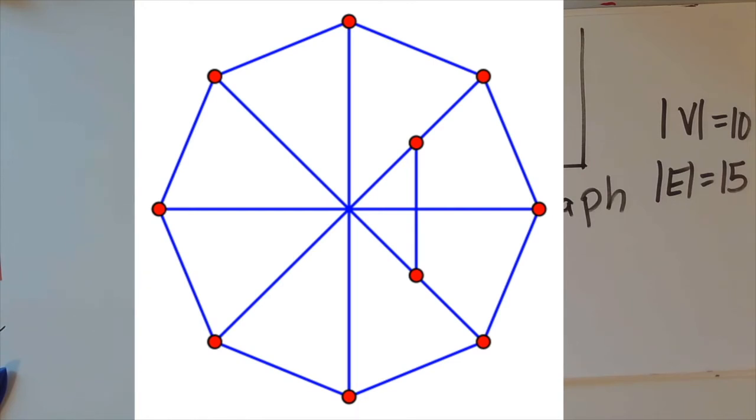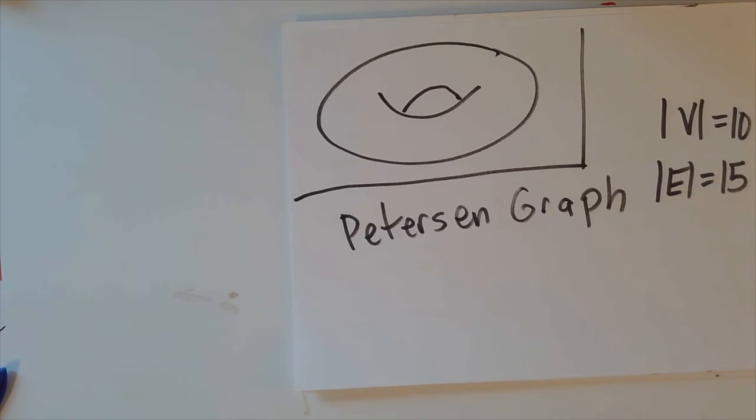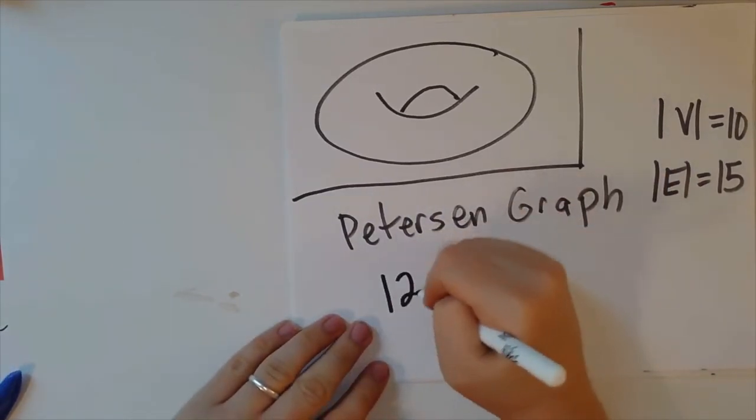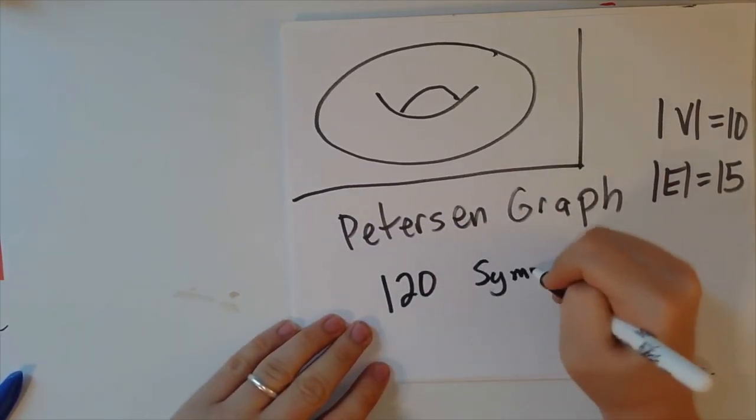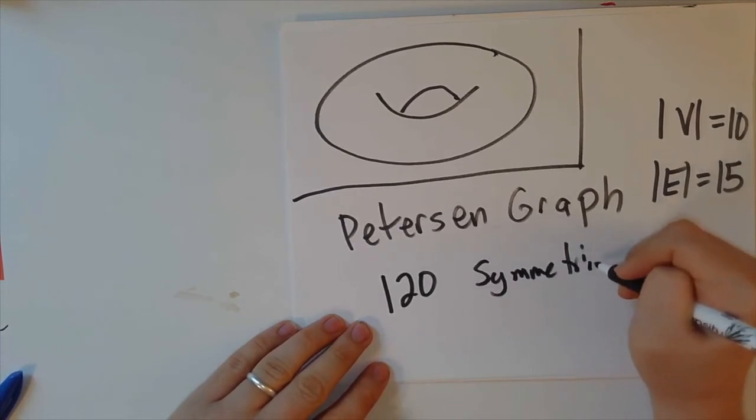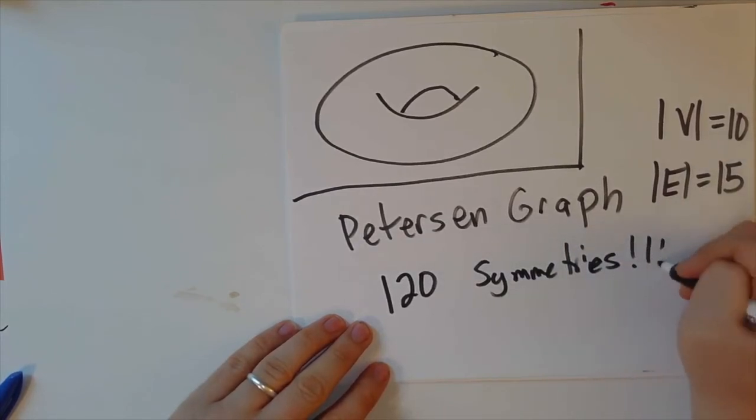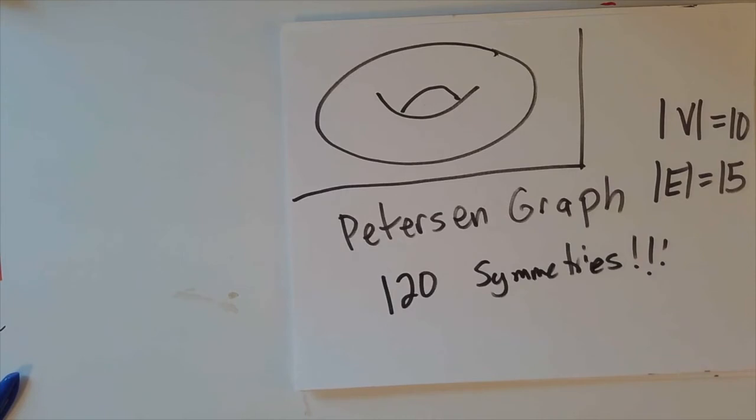And so I want to make 2 points here. So one is, how many total symmetries does this thing have? In fact, it has 120 symmetries. Which is a lot for something that only has 10 points.